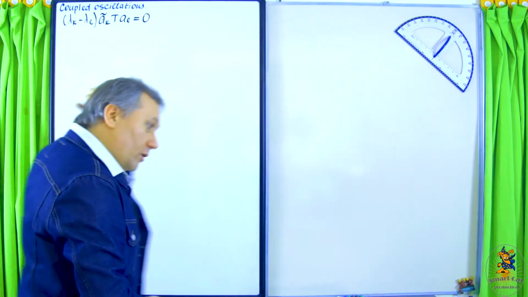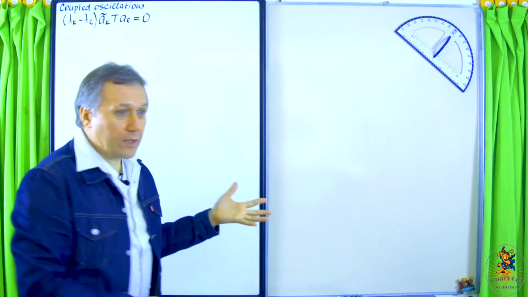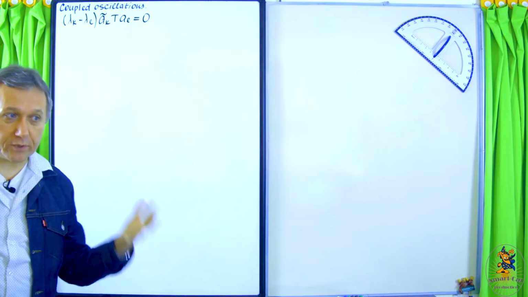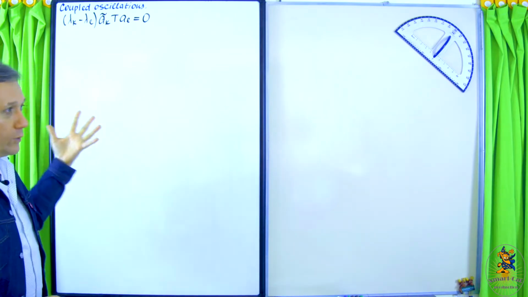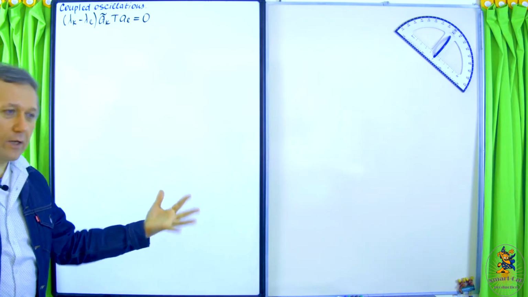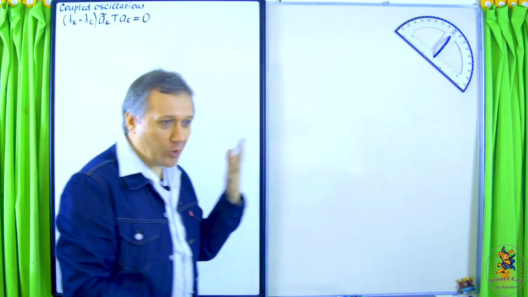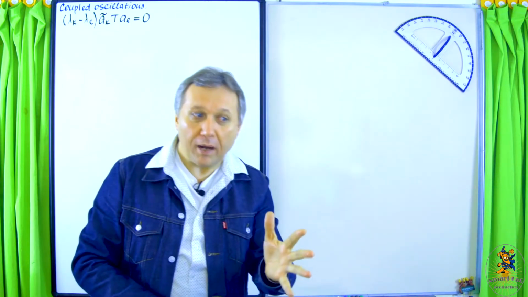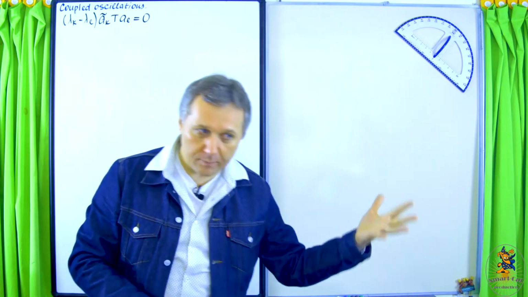So we discussed that, and now the second situation. What if we have degeneracy? Degeneracy means that you have two different normal modes with two different eigenvectors, but their eigenvalues are the same. It happens.